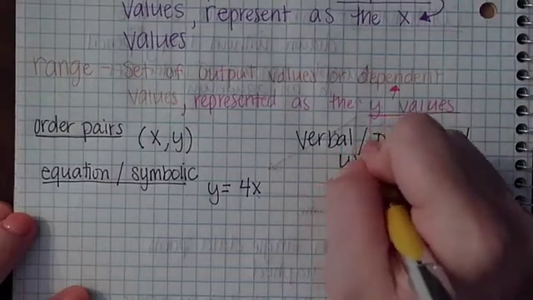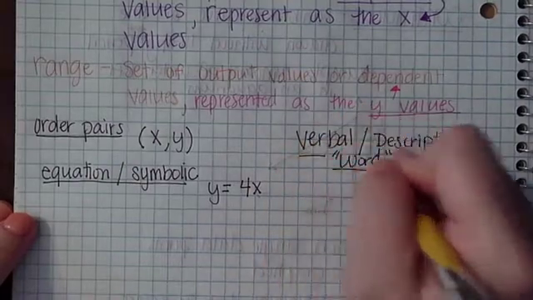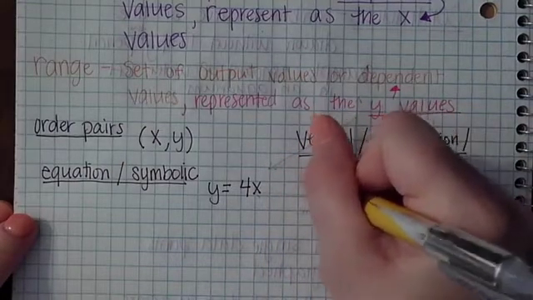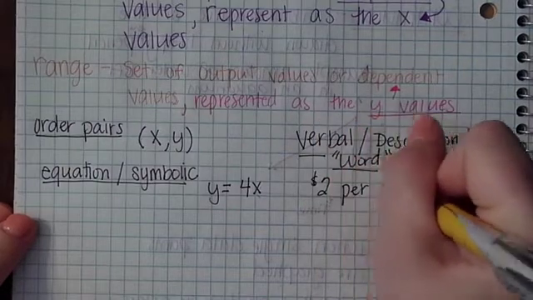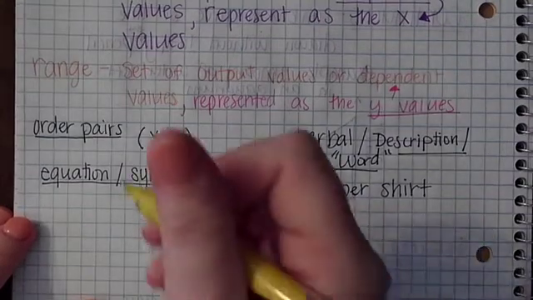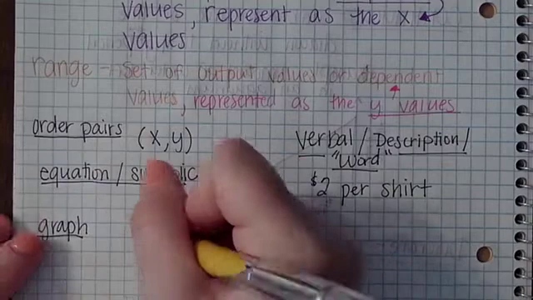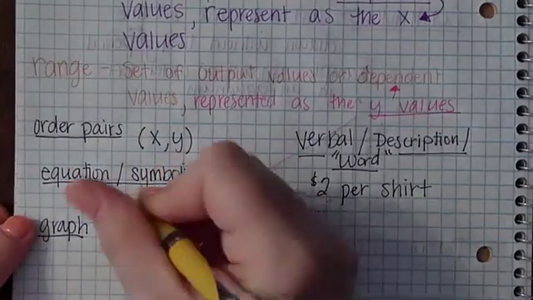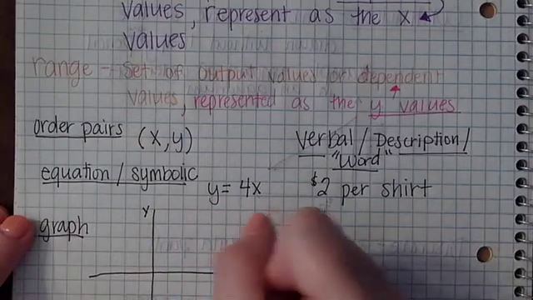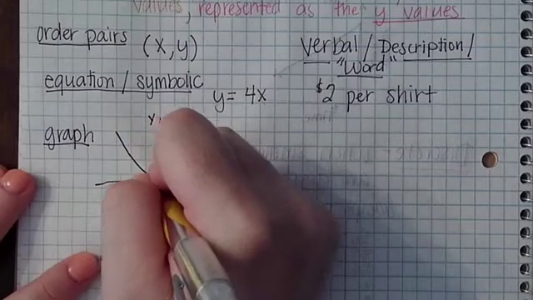Also word. Might be something like $2 per shirt. And then of course we have a graph, which remember a graph has the y-axis and the x-axis, and we'll just make a U like they did.